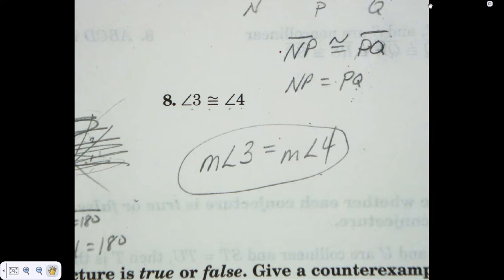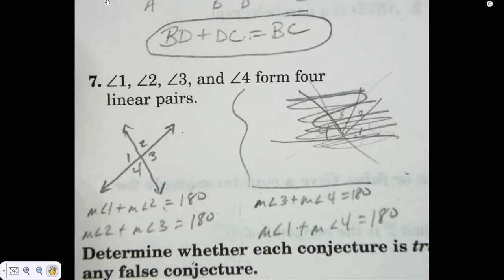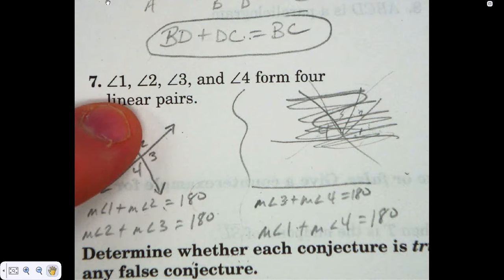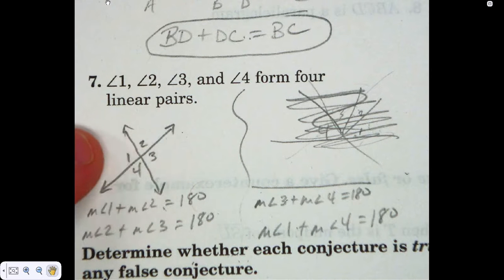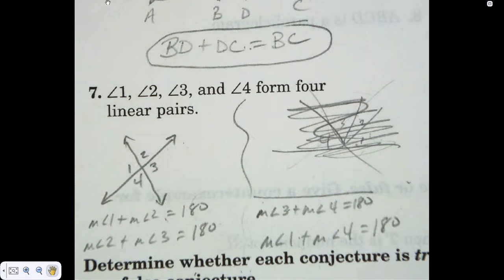And it's okay, as long as your conjecture translates to what they said, you're right. Could you have drawn four different linear pairs and had them be separate here? Possibly.